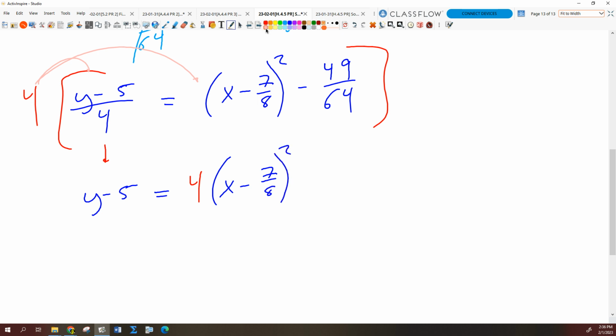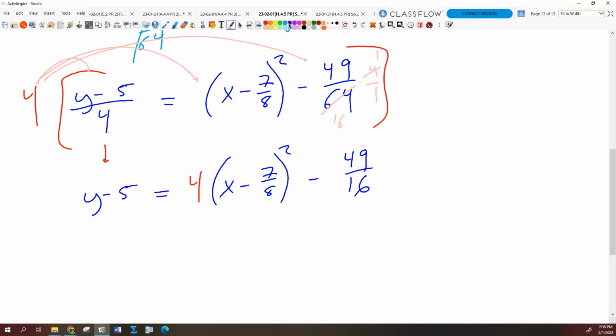And then finally, if I multiply there, I'm multiplying by 4 over 1, so I could reduce. That just gives me a 16 on the bottom, right? 4 over 64 is the same as 1 over 16. So I've got minus 49 over 16. Last step, add 5.